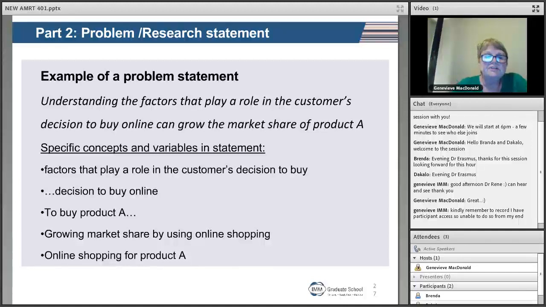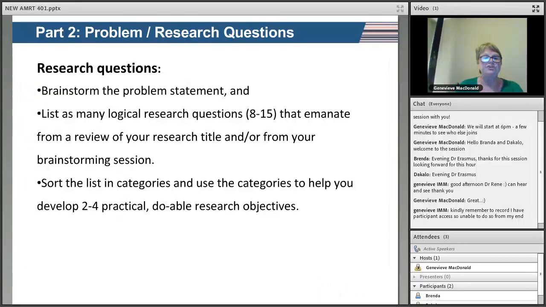So, specific concepts and variables in the statement: factors that play a role in the customer decisions to buy online specifically, to buy product A specifically, to grow the market share by using the specific channel of online shopping specifically for product A. So you can see how much information I was able to take from that specific problem statement. So I can use all of those to actually develop 2 to 4 research objectives.